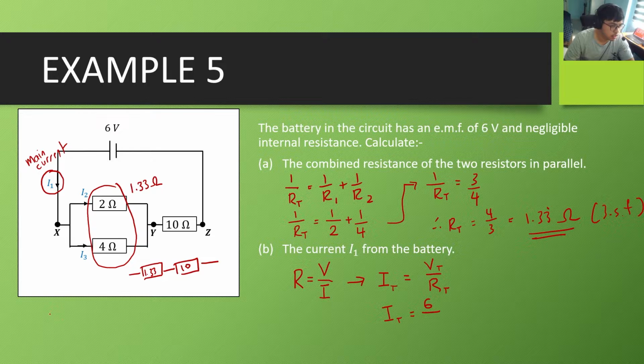In order to find the total resistance, you can simply add these two together. So it's basically 1.33 plus 10, and that's equal to 11.33. So the total resistance is 11.33, and that will give you a current of 0.530 amps, and that is to 3 significant figures.